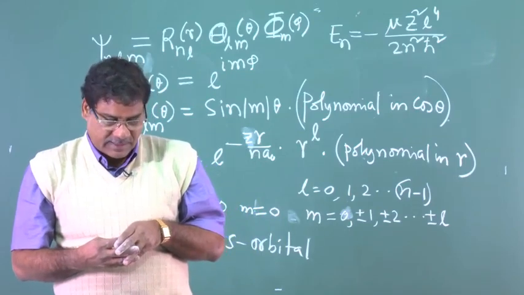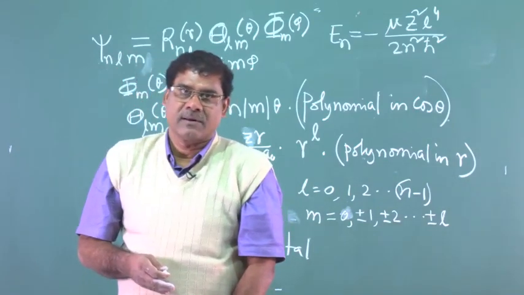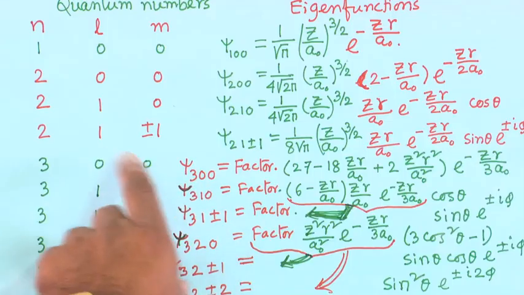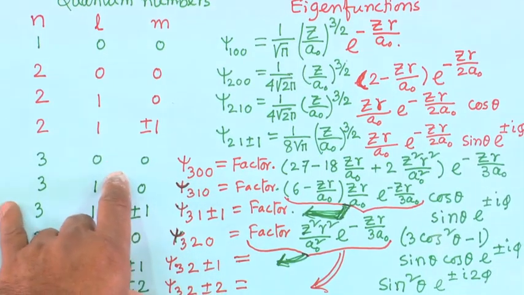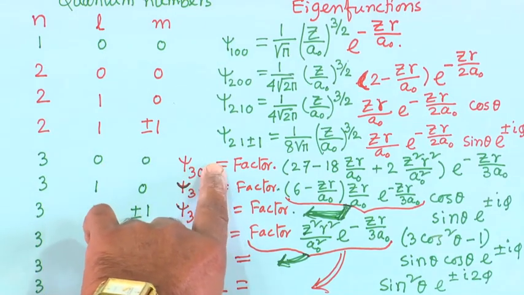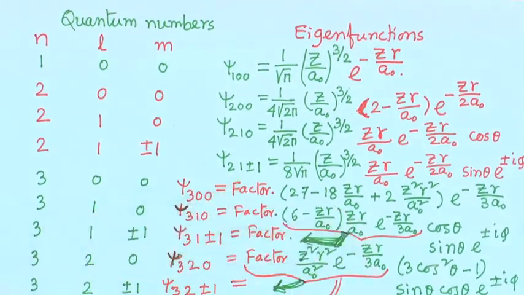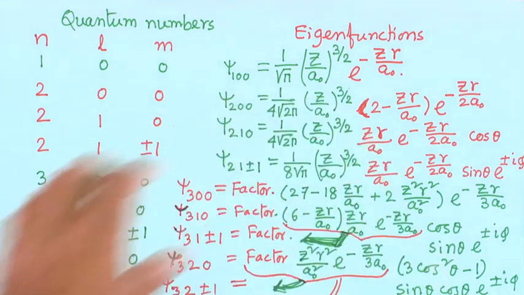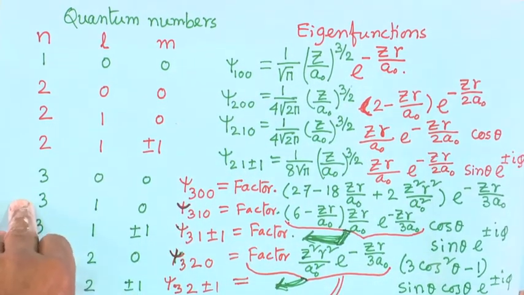So let us see how the wave function R n L varies with r. That we will see next.